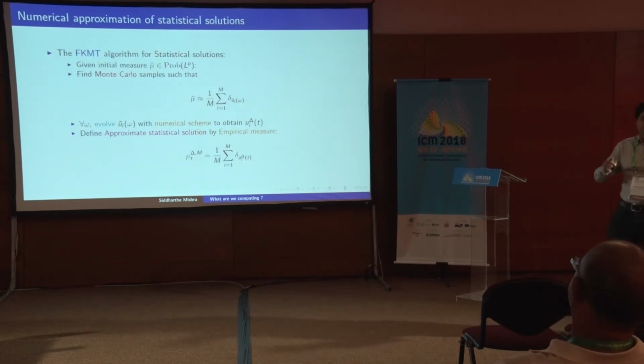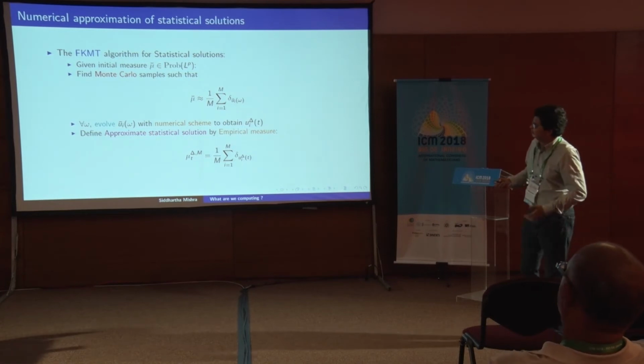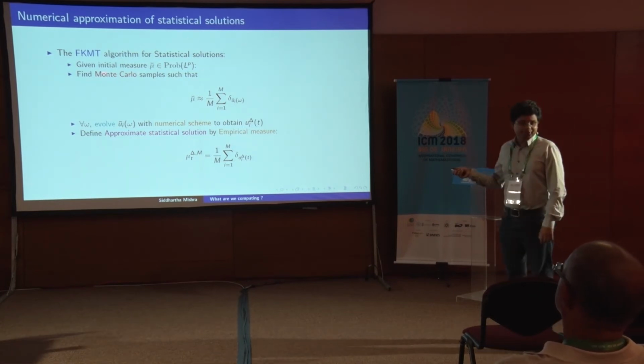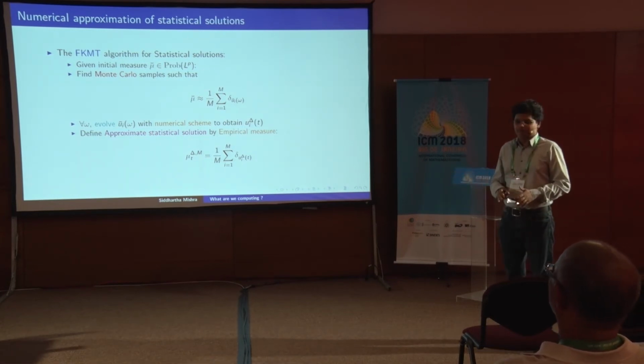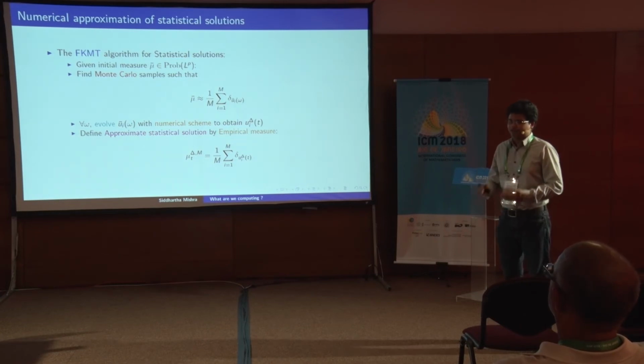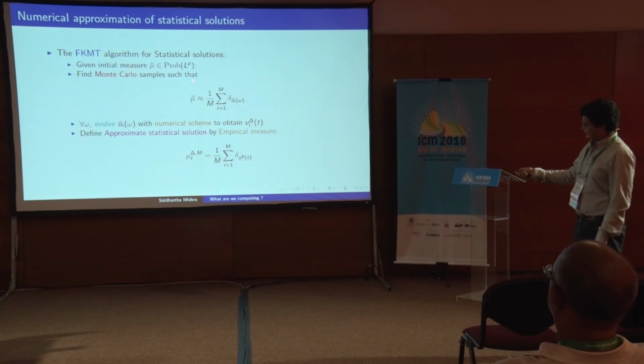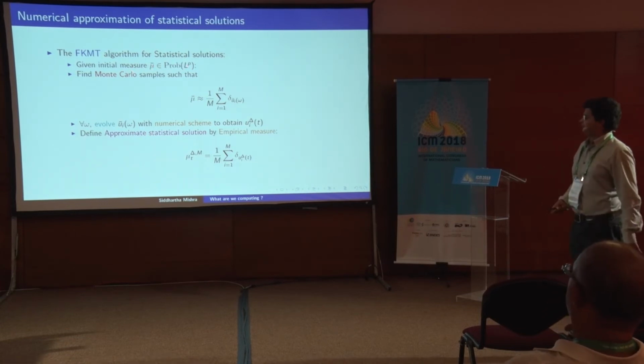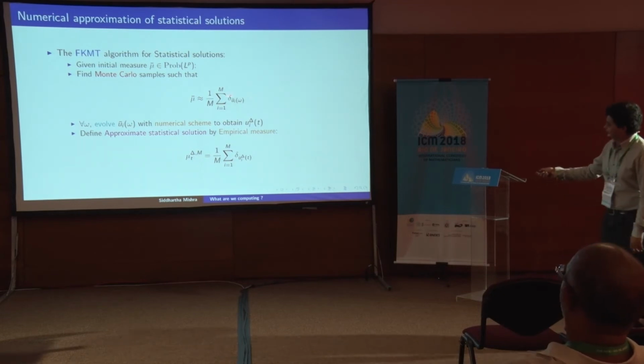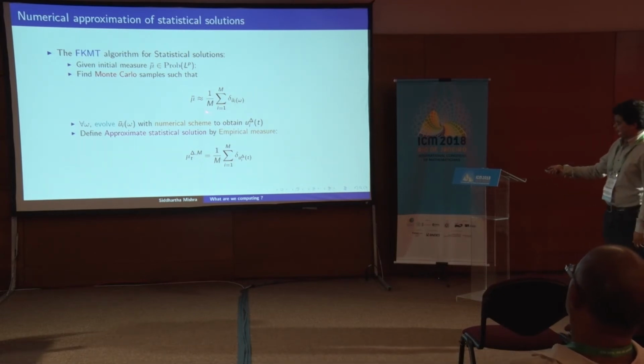So that's the connection to the convergence of numerical methods. It turns out that the same algorithm that I use to compute measure-valued solutions actually computes a statistical solution. Let me walk you through that. So remember that I have an initial measure. Now it's a probability measure on LP. There are ways in which I can sample out of it. So what I do is that I take Monte Carlo samples essentially.